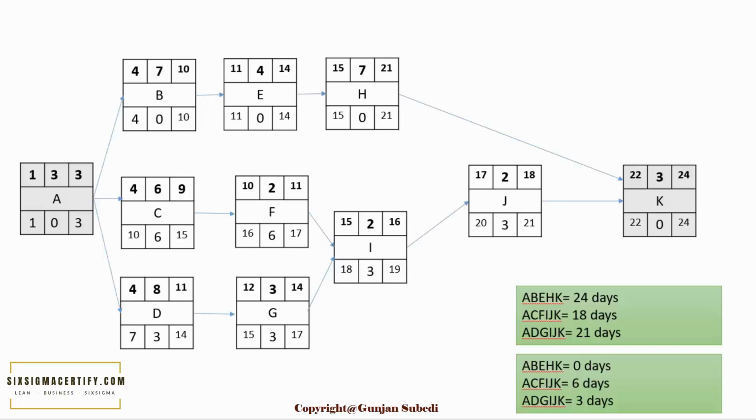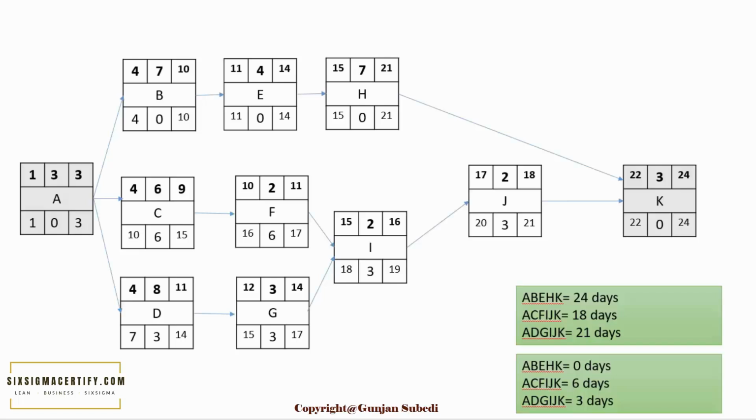If you use 3 days of that 6 days for the process step C, only 3 days will remain to be delayed for the process F. So with the help of the calculation of the float, we can determine how much we can delay in each of the process steps. This is one of the applications of the critical path method or the calculation of the float.